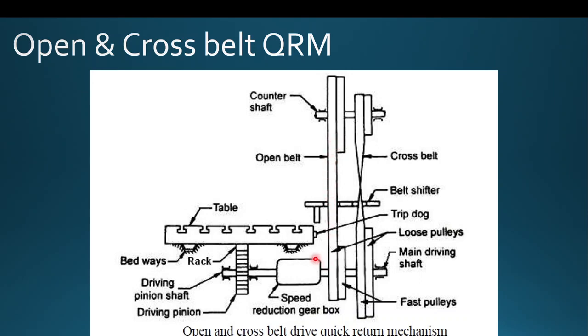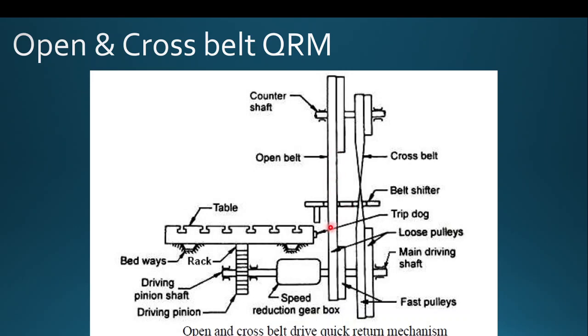Because of that, we get higher speed and lower power. Why are we getting higher speed here? Because the power is transmitted from the larger pulley to the smaller pulley. So the speed is automatically increased, and since the open belt drive is in action, the power is reduced.